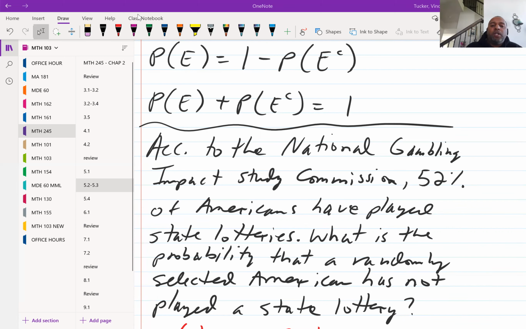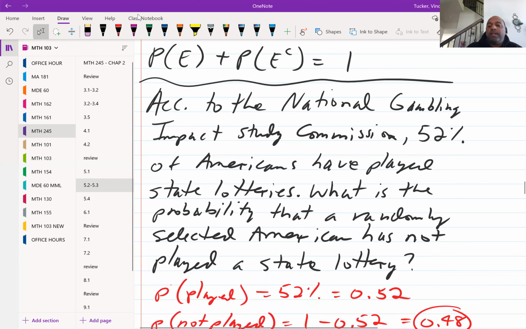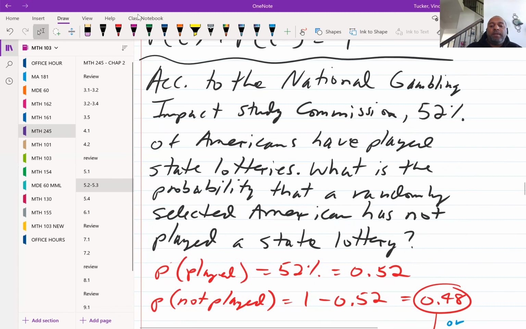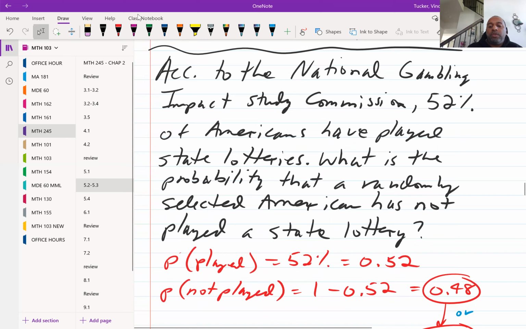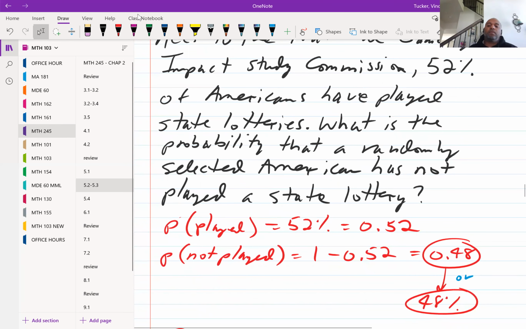All right. So the probability that someone has played is 0.52, and to find the probability that someone has not played, you subtract that from one. So 1 minus 0.52 is 0.48, or in other words, 48%.